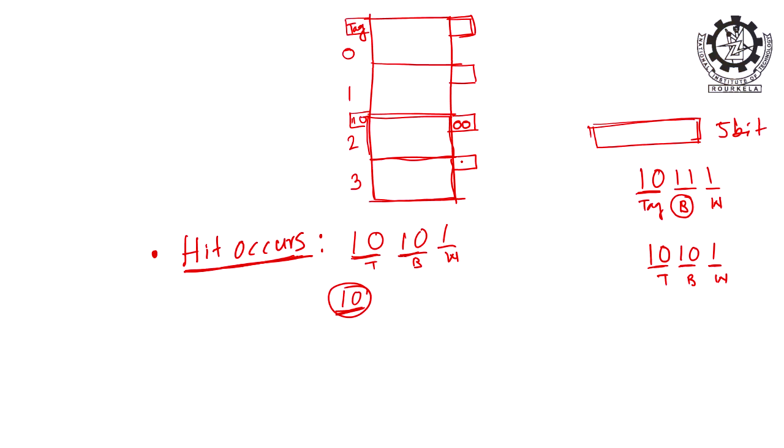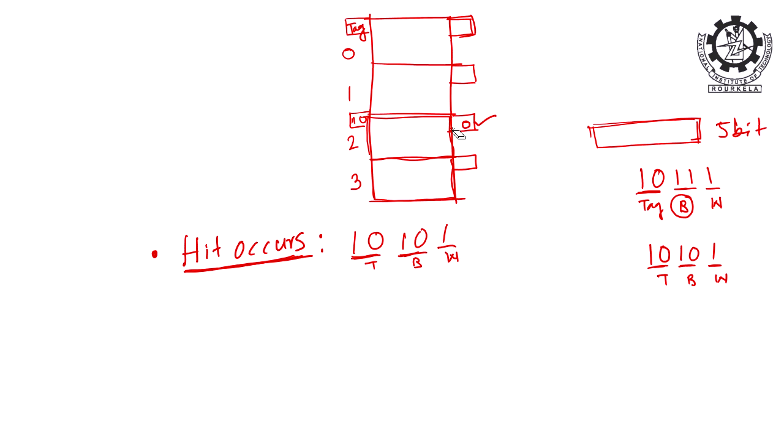Initially all of them were 0. So whenever a hit occurs, for that particular block the counter value is set to 0, and all other counters which are lower than the old value of this counter will be incremented by 1.